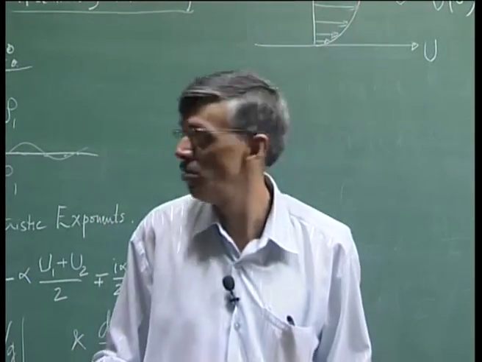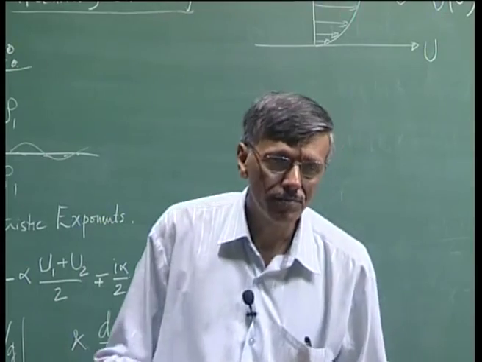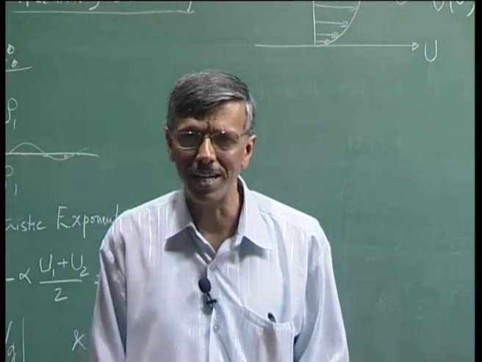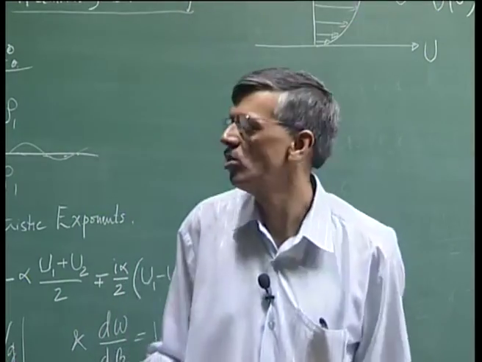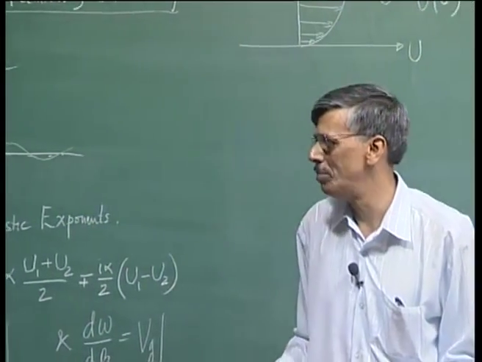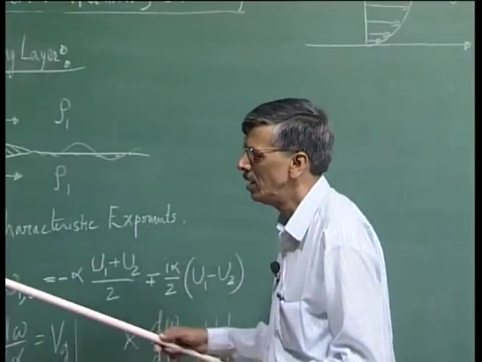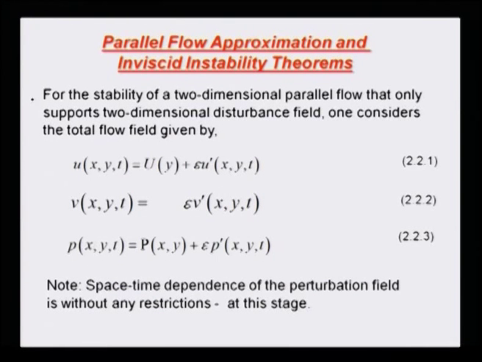We are calling them parallel flows, and we are neglecting the growth of the associated shear layer. Okay. So, with that, we will begin our discussion. You now understand what a parallel flow approximation is. It is an approximation. Okay.